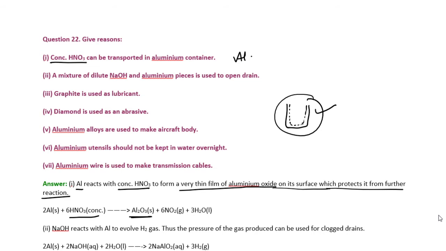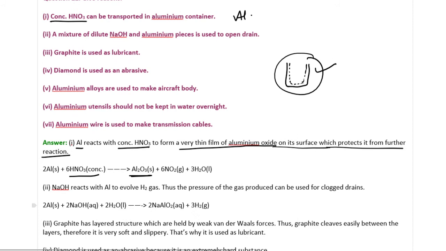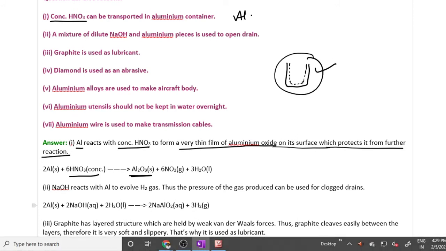There is a layer of aluminium oxide that cannot be penetrated by nitric acid.